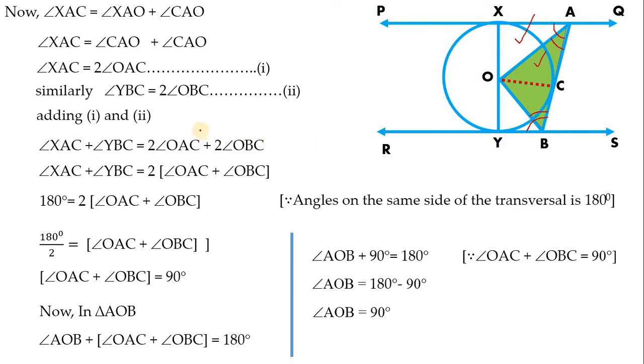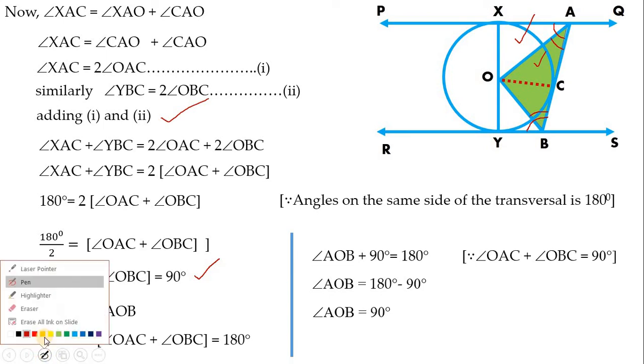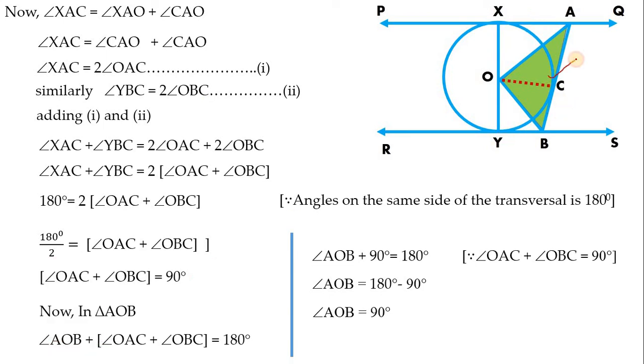After getting these 2, I have added both the equations, and next I got OAC plus OBC equals 90 degrees. Next, I have taken the triangle which I shaded here in green color and applied the angle sum property of a triangle, and I arrived at the answer we wanted to prove.